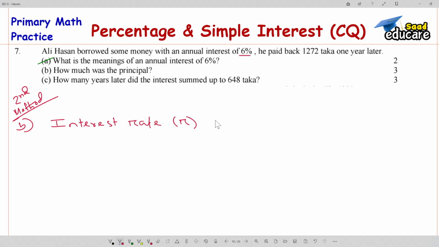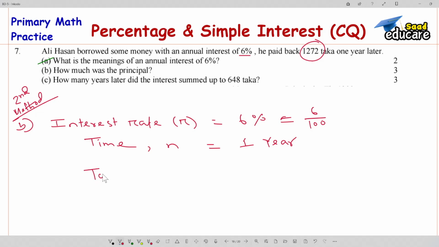which is R equals 6%, or we can write 6 by 100, right? Then time equals n, it means time is n, it's 1 year, and in total he paid back 1272 taka. It means the total amount A equals 1272 taka.